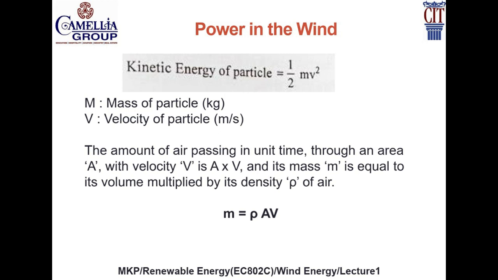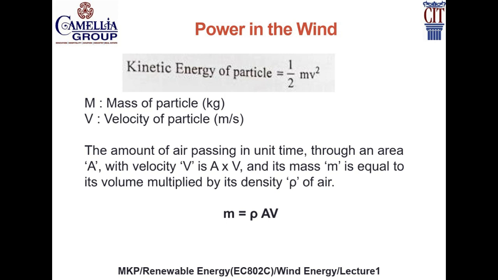Now, velocity of the air v means the length of the air column that is passing area A perpendicularly. Again, I am repeating, the length of the air column that is crossing the area A per unit time is V.